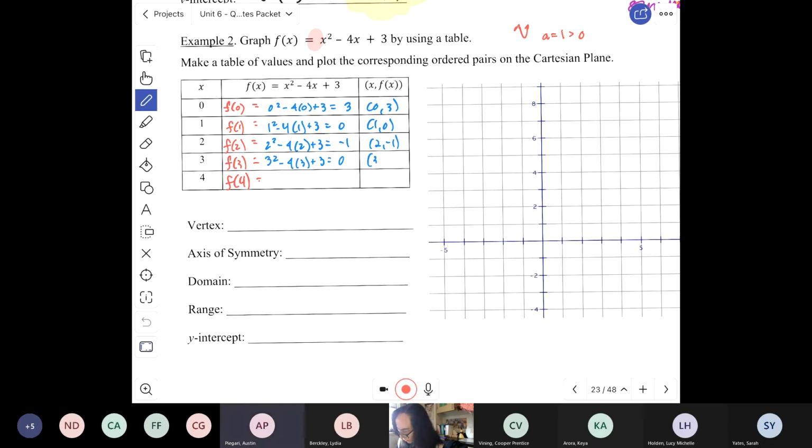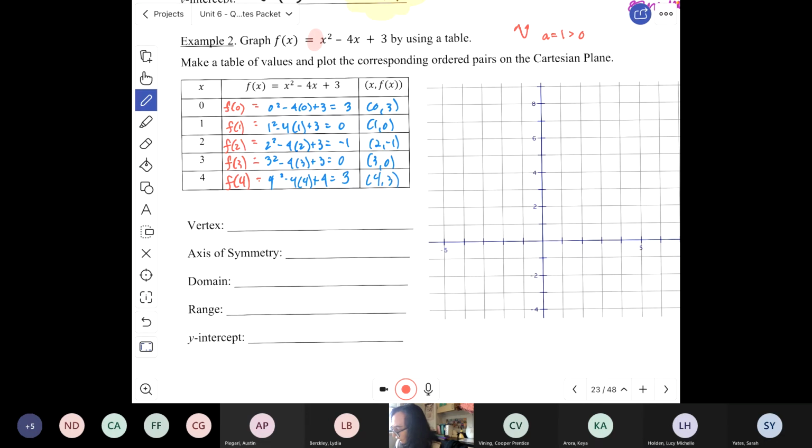Zero again. Beautiful. And we see the symmetry based on the values that we chose to substitute in for X. And for 4, what in our heart of hearts we should know already what the output is. It should be 3. Yes.